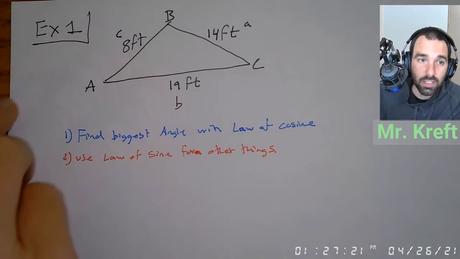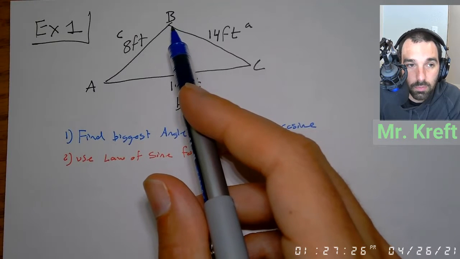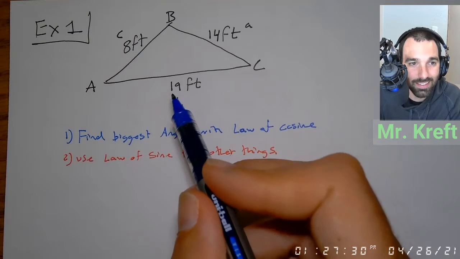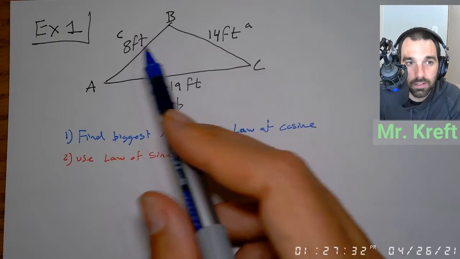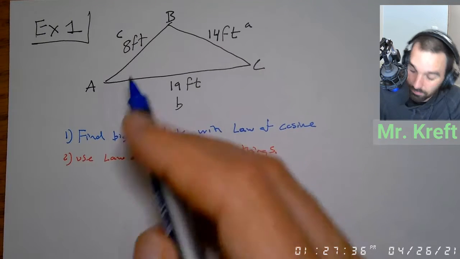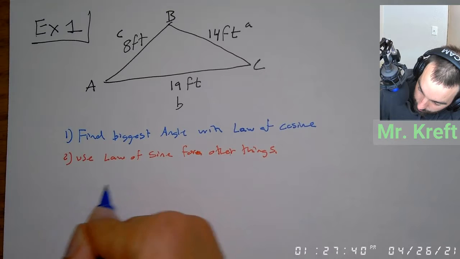Okay, so how do we know what angle is going to be the biggest angle? Well, angle B is going to be the biggest angle because it's across from the biggest side. Biggest side, biggest angle. Smallest side, smallest angle. Middle, middle. So we're going to use law of cosines.